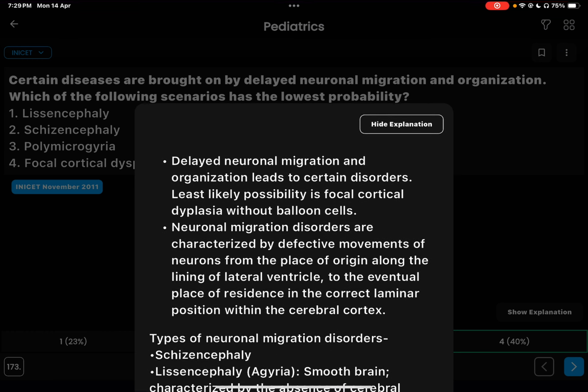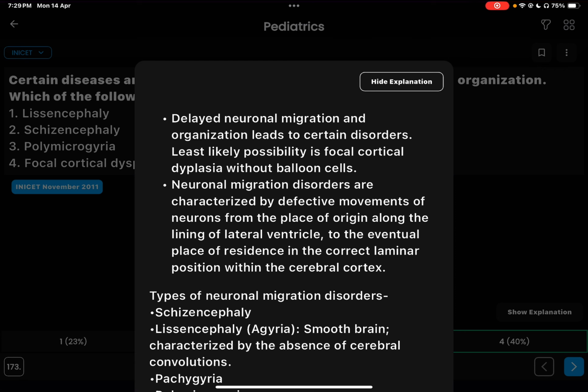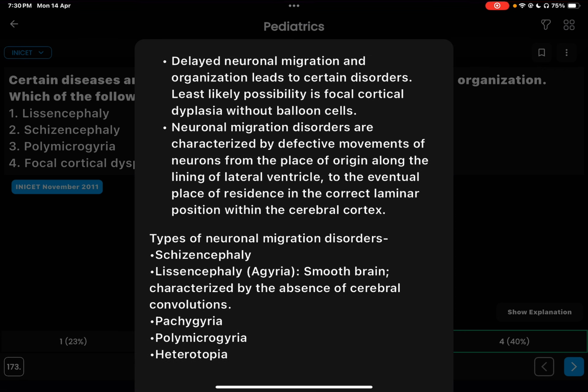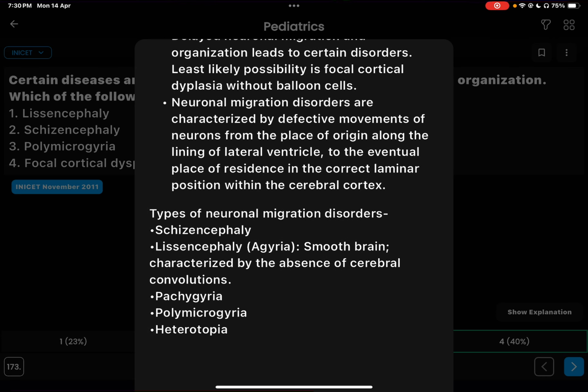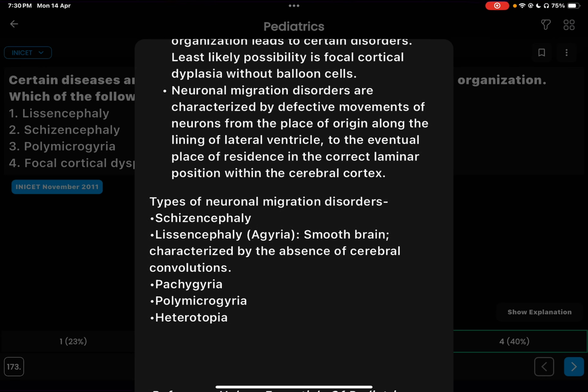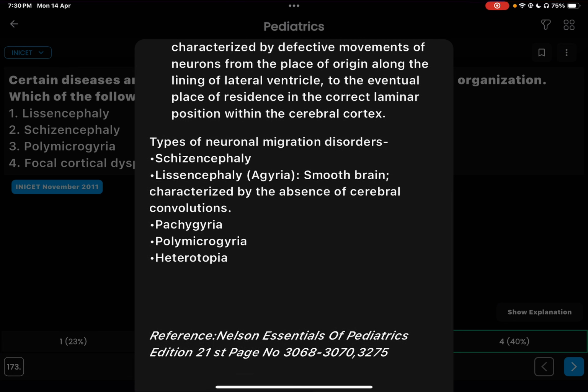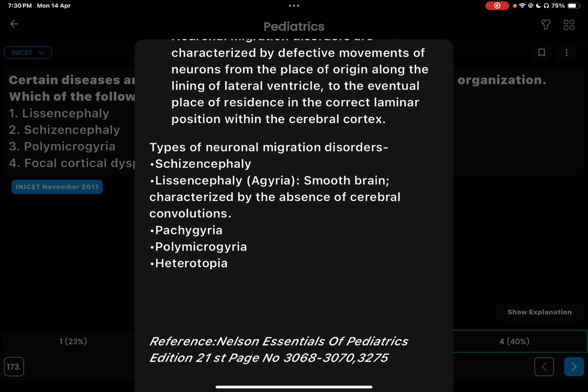So, delayed neural migration and organization leads to certain disorders. Least likely possible is focal cortical dysplasia without balloon cells. Neural migration disorders are characterized by defective movements of neurons from the place of origin along the lining of the lateral ventricle to the eventual place of residence in the correct laminar position within the cerebral cortex.